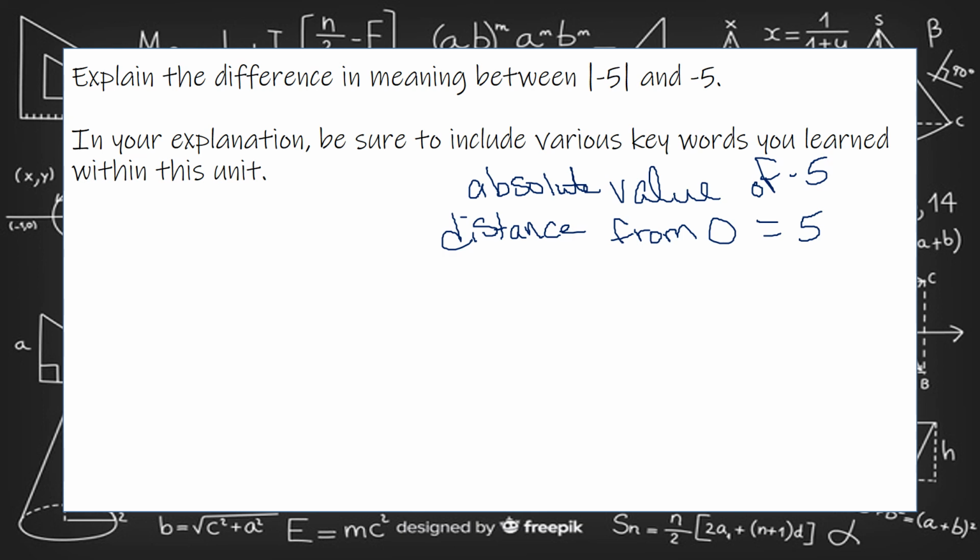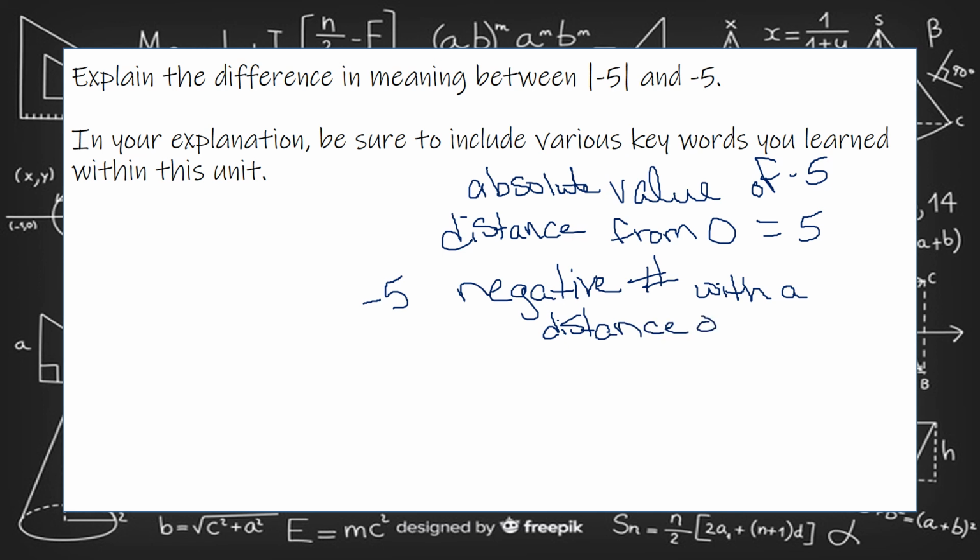Negative 5 is a negative number with a distance of 5 in the negative direction. And then the absolute value of negative 5 would equal 5. So the absolute value is just a distance, whereas the negative 5 is a number.